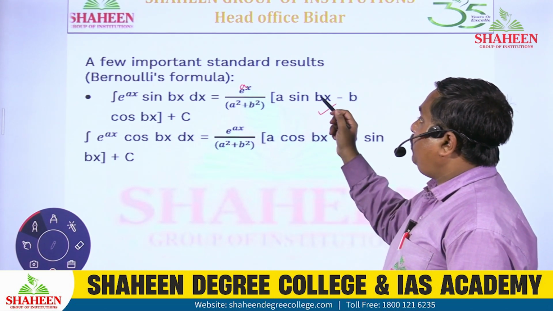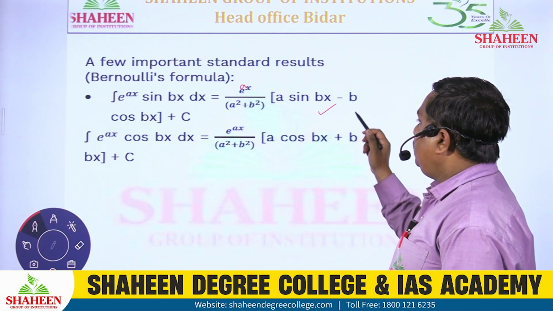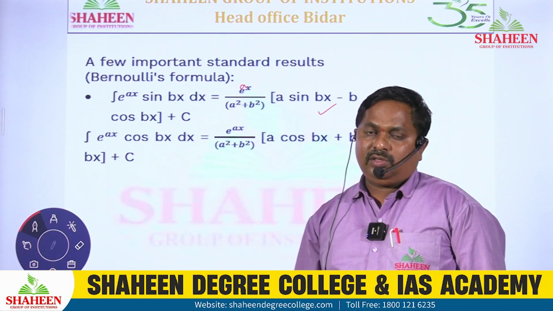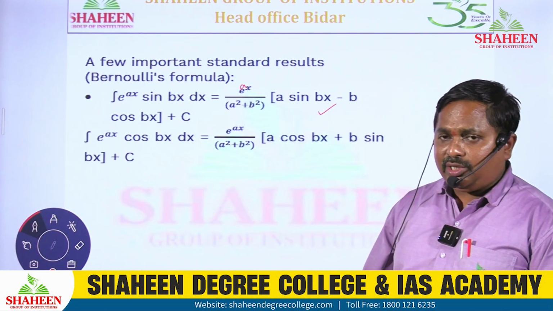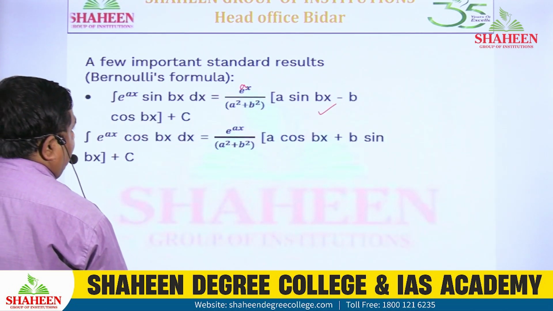Previously it was a sin bx minus b cos bx. So there is a little bit of difference in the two formulas. Using these two formulas we can integrate any question like this.